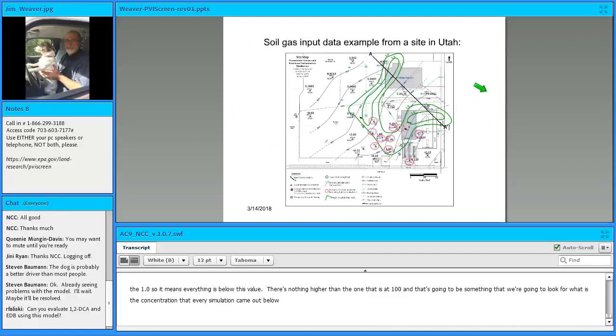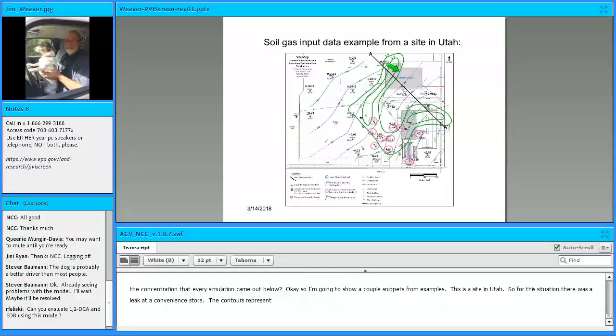Okay, so I'm going to show a couple snippets from examples. This is a site in Utah, and the simulation was driven by soil gas. So for this situation, there was a leak at a convenience store. The contours represent benzene in groundwater.